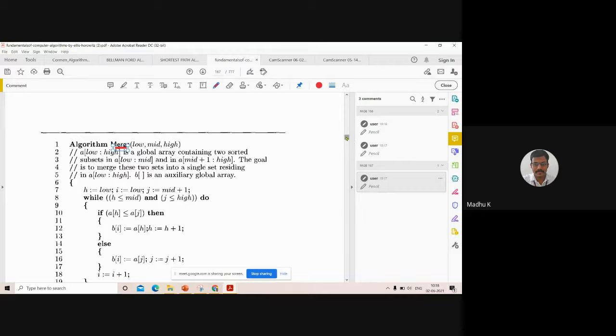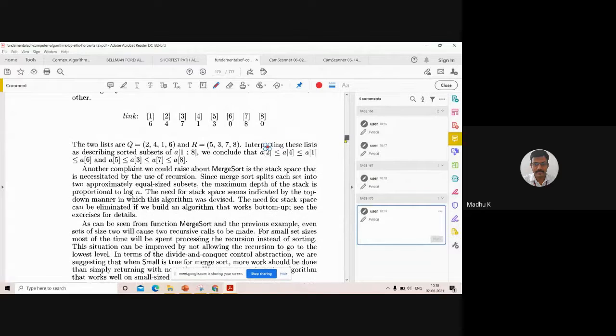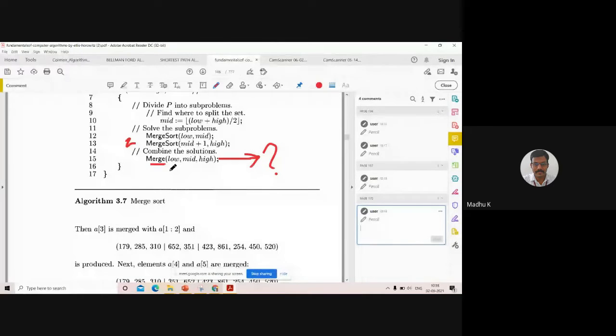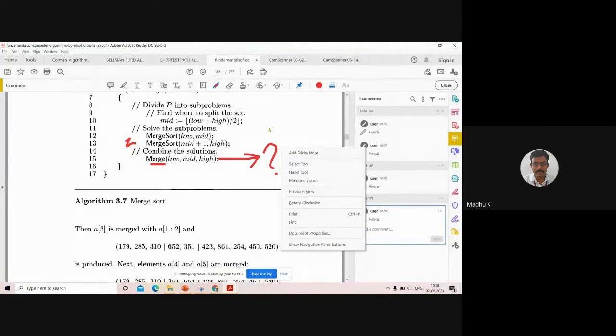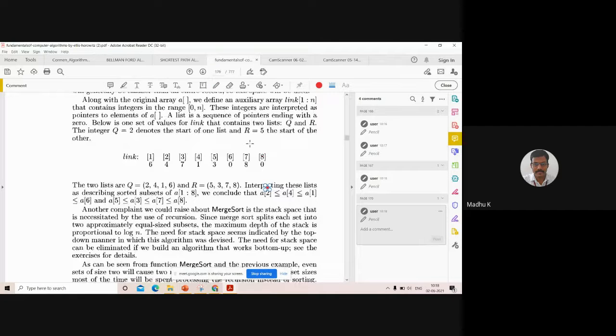This is the structure of the merge algorithm.